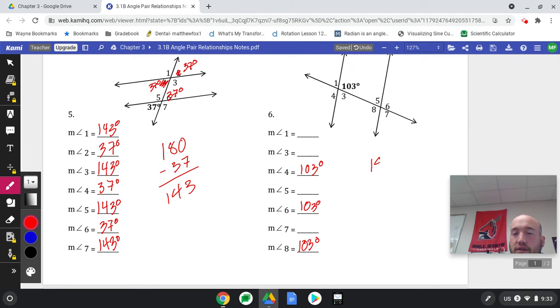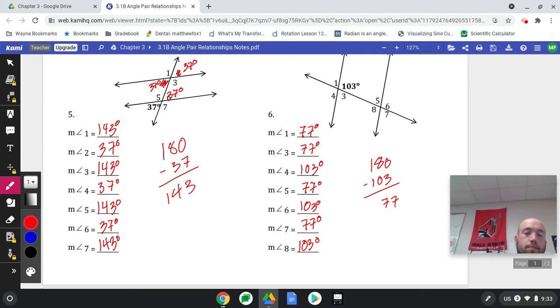Meanwhile, to find the other ones, take 180 minus that 103, and we're left with 77. And we are done.